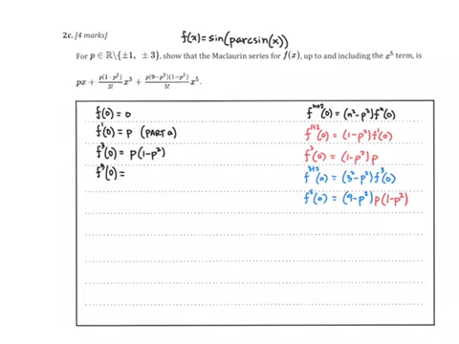Okay, so the fifth derivative evaluated at 0, I'm going to write it in the order that I think it should go. Okay, and there it is.